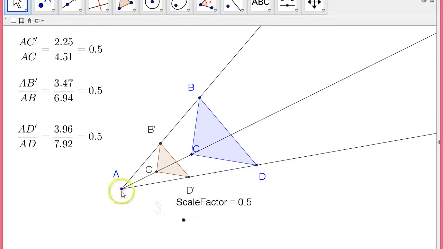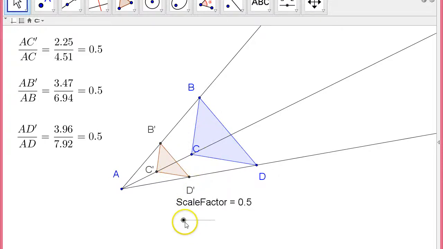It's how far away point C prime is from A with respect to C. So for instance, from A to C is 4.51 in this figure. From A to C prime is 2.25. It's half as far away, so this figure here is half as big as this one.